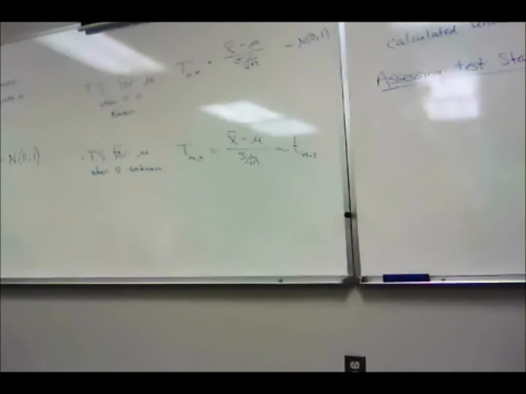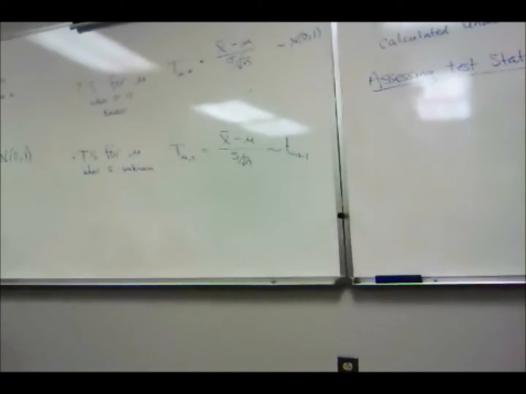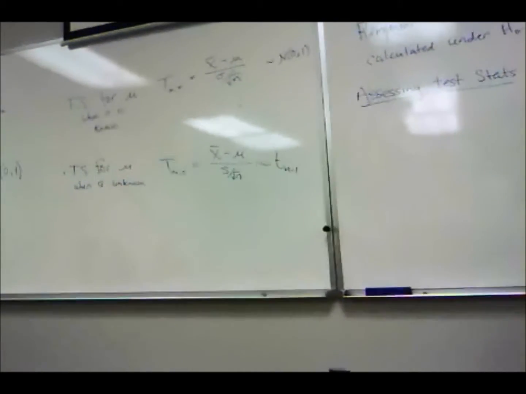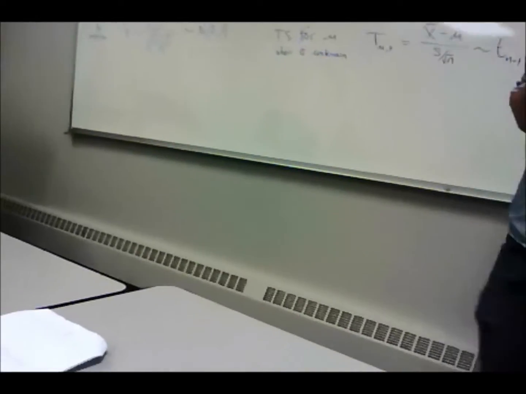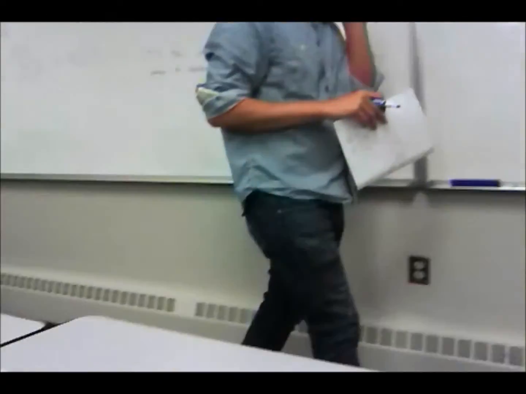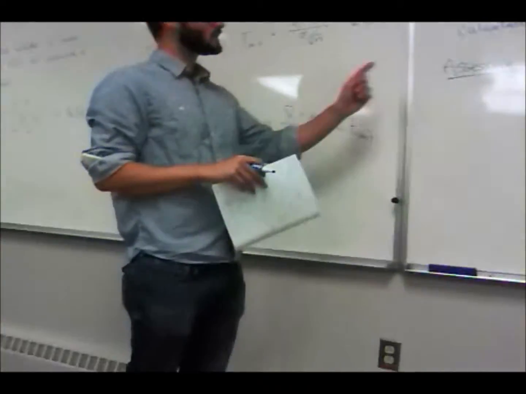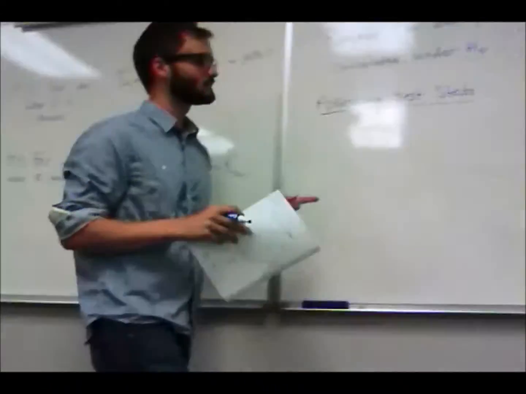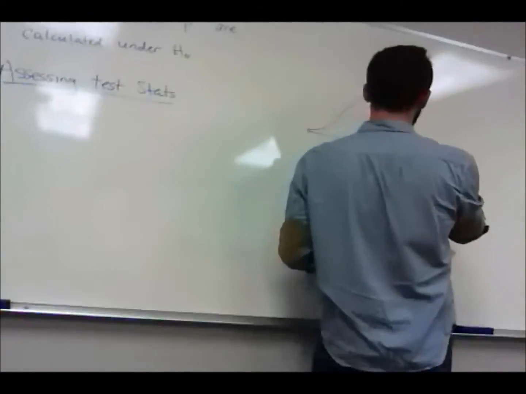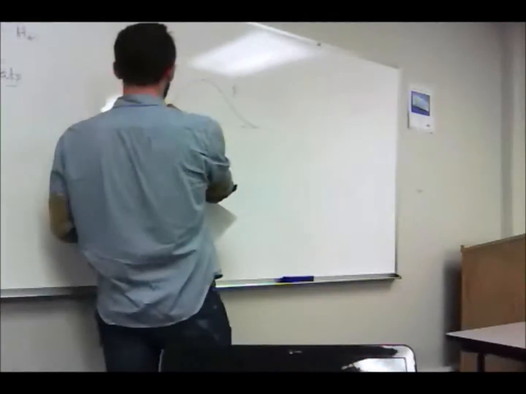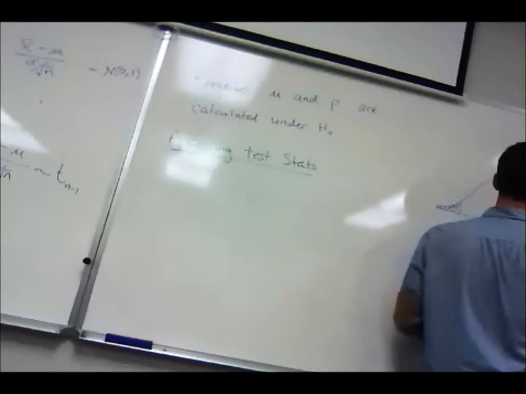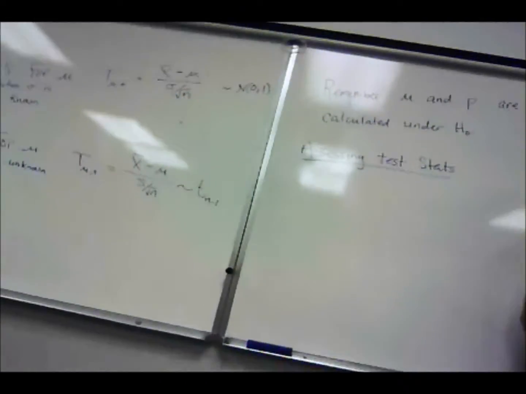The distribution, remember, is going to be normal, where the mean was 1/2. This is the distribution of p hat. And we want to assess whatever test statistic we calculate by designating a region to be considered rare. So this region would be rare, right?